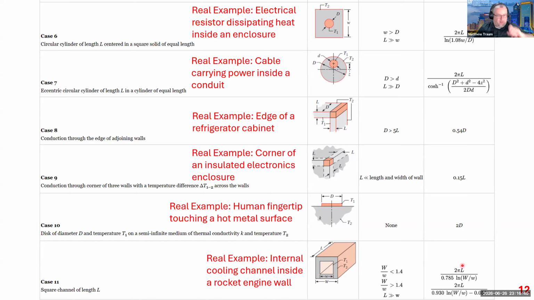If you've ever taken a slice of a rocket engine or a fin in a gas turbine, they have these tiny square channels. They run gas through the inside to try to keep things cool. You know the surface temperature because you know the temperature of the gas that you're introducing. You know the outside temperature because that's the products of combustion from your rocket motor. And now you have the shape factors to figure out what that heat transfer rate is, right? So yeah, you're welcome, Rocket Lab guys.